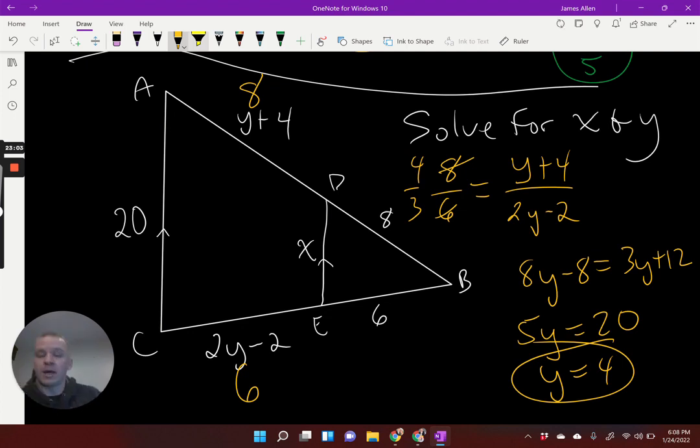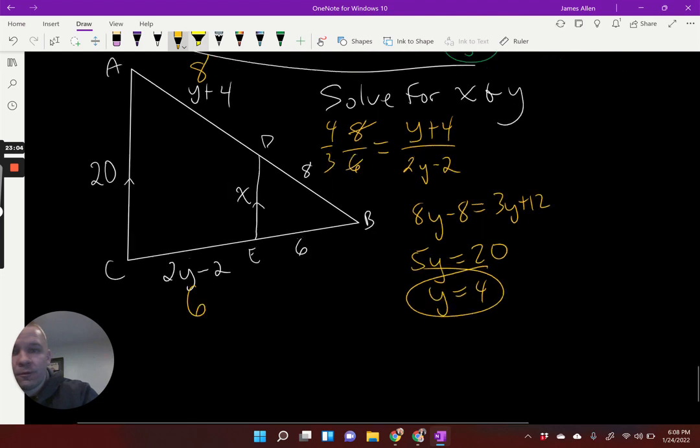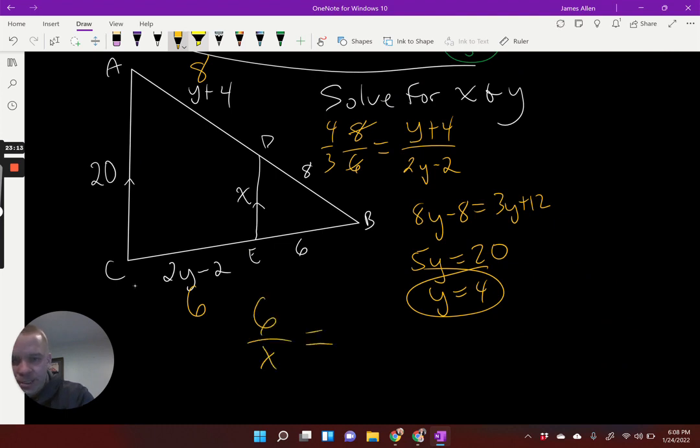All right, now I can set up and solve for x. So either one works. I'm going to go with 6 over x is equal to, then I have to do the whole side of 12 over 20. And some of you might already be realizing what this is going to be, because we did say it's a midline, right?